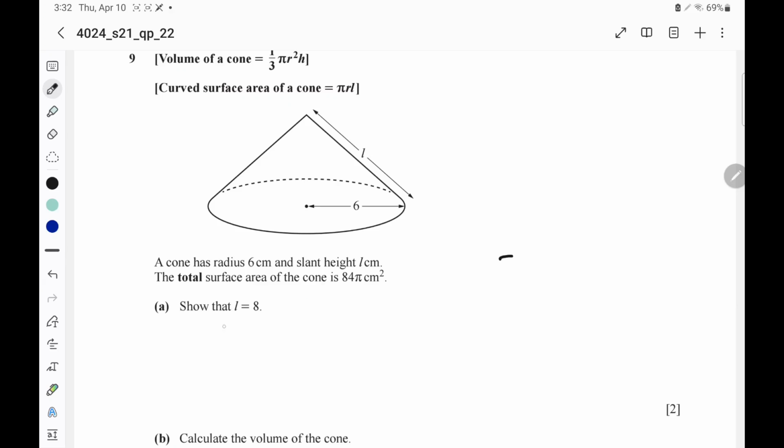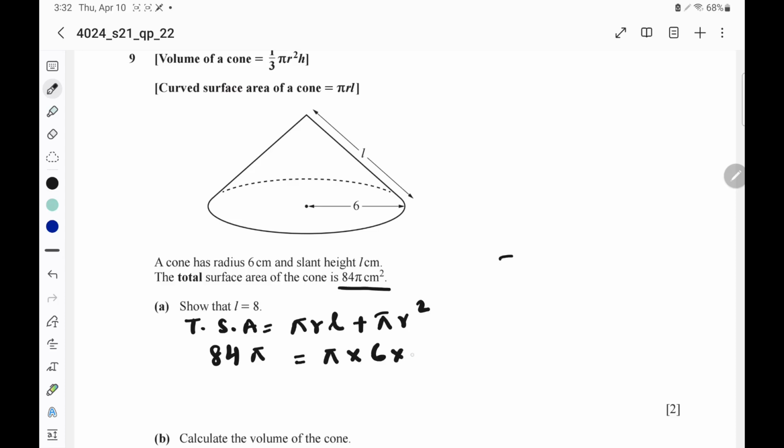So the total surface area of the cone is pi r L plus pi r square, and the total surface area is given 84 pi square centimeter. So write down 84 pi, and here you can take common pi r into L plus r. If you don't take common r, that is also okay, otherwise we'll have to cancel the value of pi. Okay, fine, pi into 6 into L plus pi into 6 square.